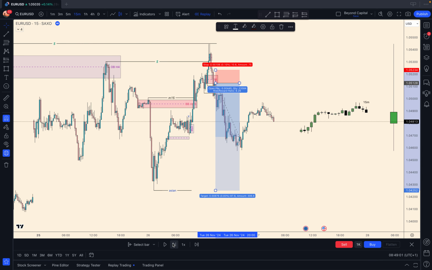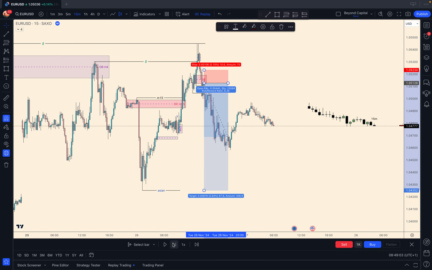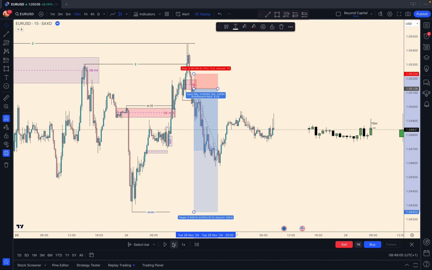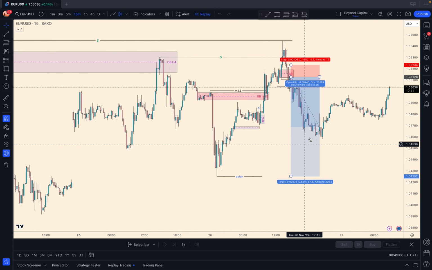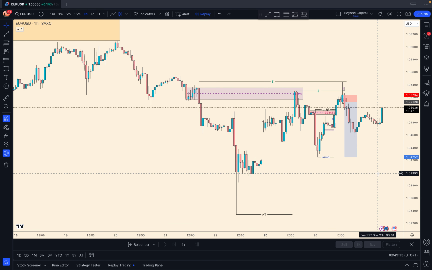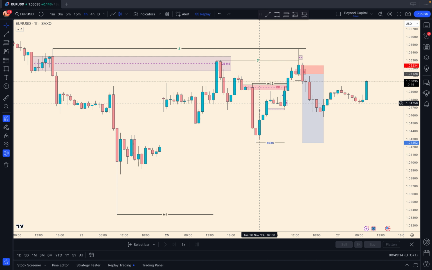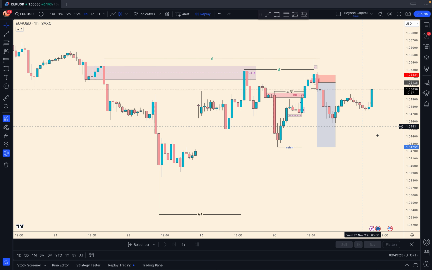I'm gonna fast forward to this morning. I still haven't taken any trades, and I don't know if I'm gonna take any trades, to be honest, because the price reacted from here on the 1 hour time frame. There's a fair value gap here, and there's another block in here. I'm gonna refine my analysis and see if the price wants to push up.